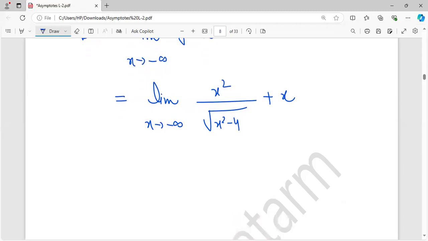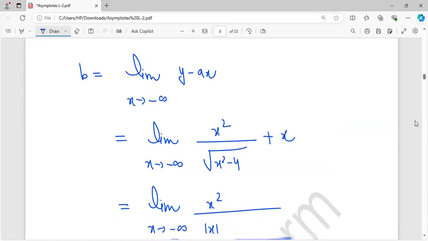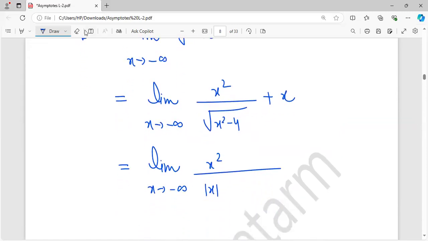So what is this limit? Limit x tends to minus infinity x square. We take common. Let me check it again.